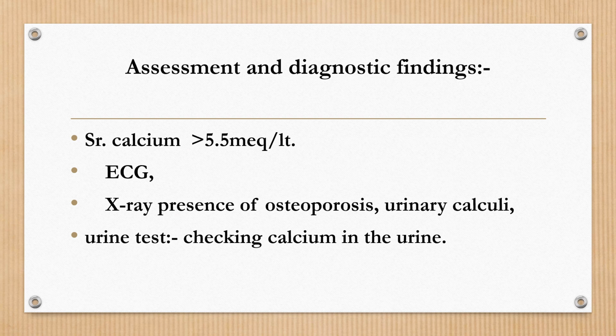On assessment, we can identify serum calcium level will be more than 5.5 milliequivalent per liter, and through the electrocardiogram we can identify if the patient has developed any arrhythmia or abnormal electrical activity in the heart. Then X-ray, we can identify the presence of osteoporosis, urinary calculi, then perform urine test to check the calcium level in the urine.